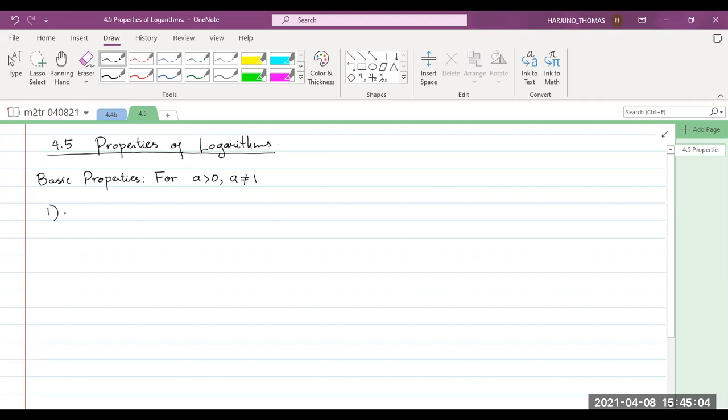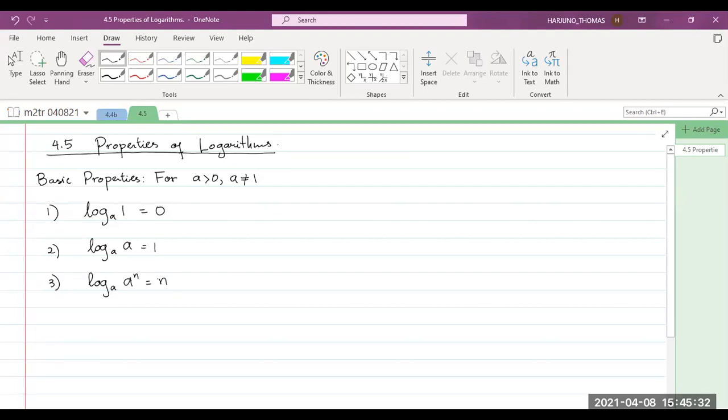The basic properties. First one, log base a of 1 equals 0, because a to the 0 equals 1. The second one, log base a of a equals 1, because a to the 1 is a. The third one, log base a of a to the n equals n.